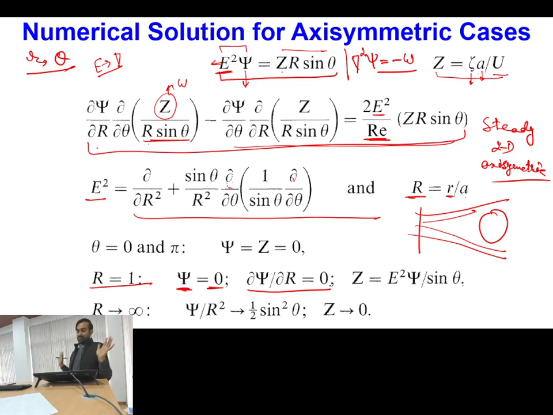Tangential velocity is 0. When you are at a large distance away from the sphere, what is the condition? The free stream velocity is known to you. So as r approaches infinity, psi by r squared approaches half of sine squared theta, where psi and r already include the free stream velocity capital U. Is this one clear?